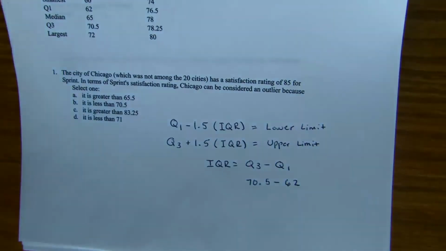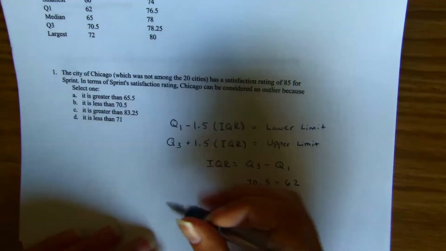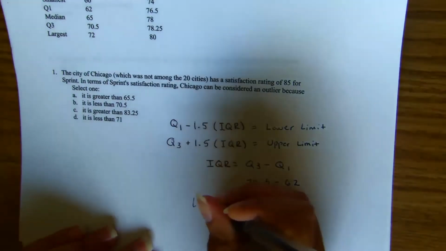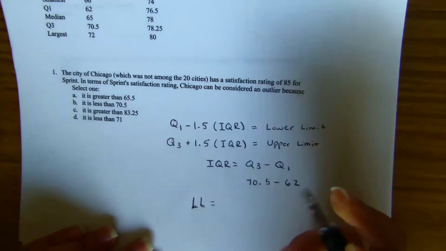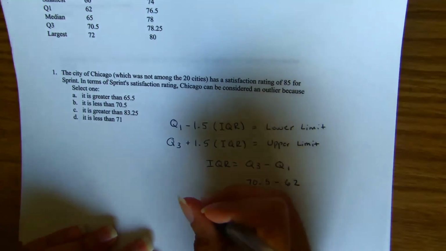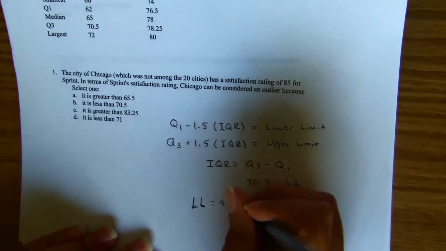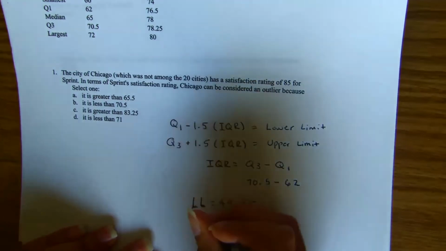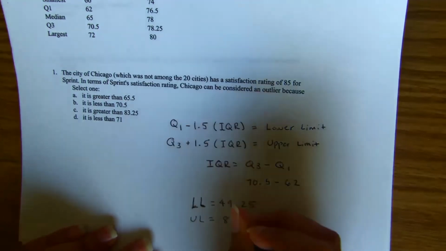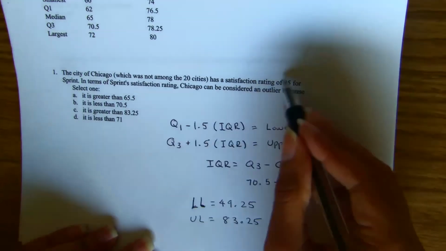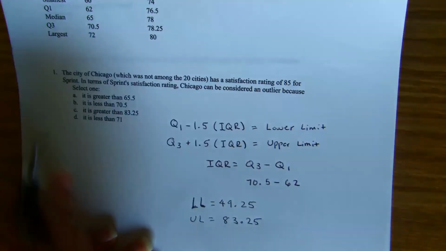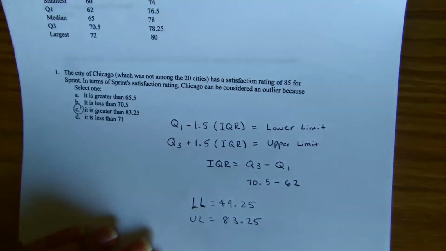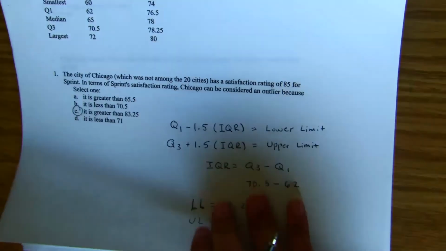We got a lower limit of 49.25 and an upper limit of 83.25. So 85 is going to be considered an outlier because it lies above this upper limit, 83.25. So that means our answer here would be C. Okay, and now let's move on to the next question.